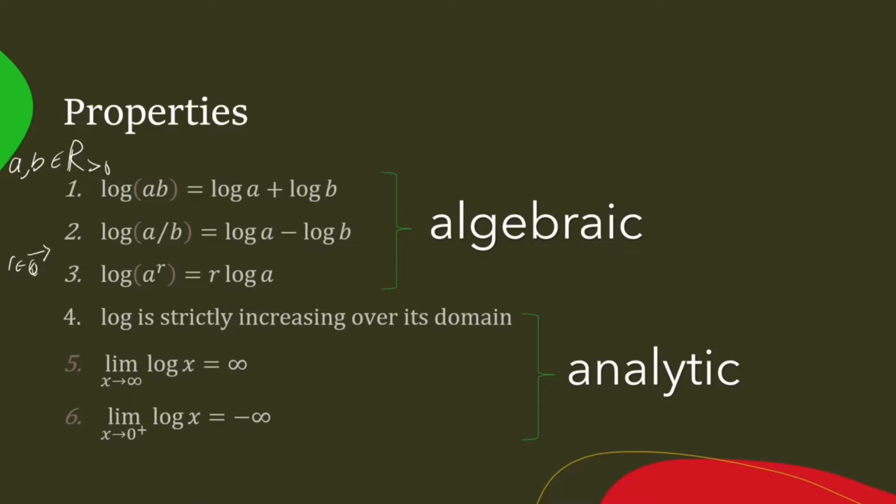Let's not get too carried away with proving all these things, but let's at least prove some of them in order to get a feel for how we can prove properties of logarithm based off the definition we've given. In particular, let's prove property 1 and part of 3, and we can also show that 4, 5, and 6 follow very quickly as well. So those will be the properties that we show. So let's go back to the whiteboard and prove these things now.